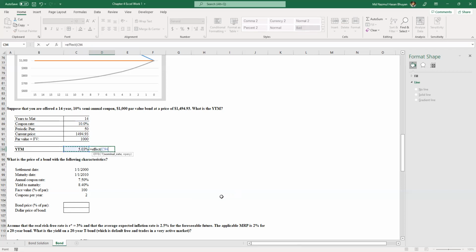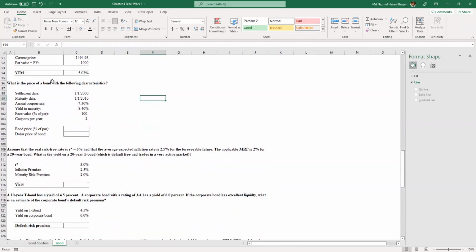And then this is our APR, annual percentage rate. And then we know in each year, in this case, we have 2 periods, because we get our coupon payment twice, so 2. So our effective annual rate in this case is how much? 5.10%. All right.